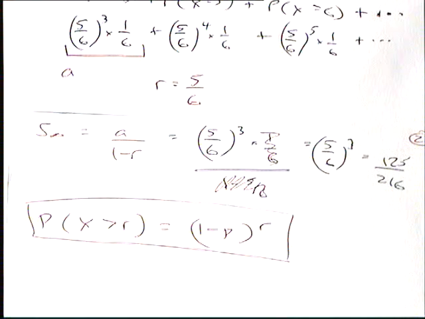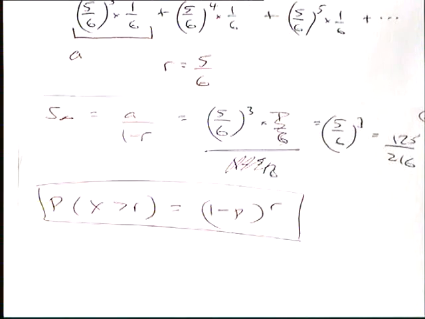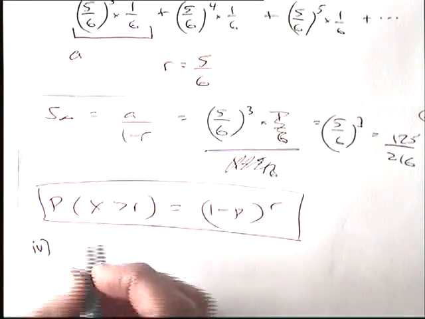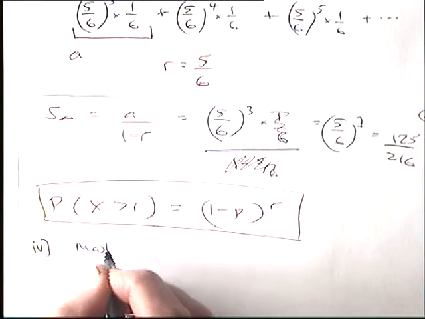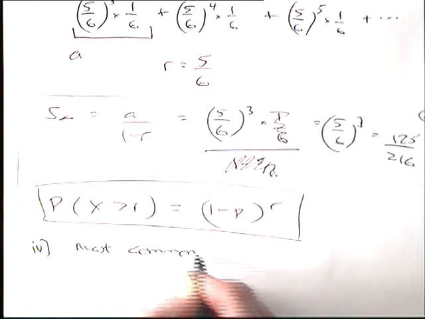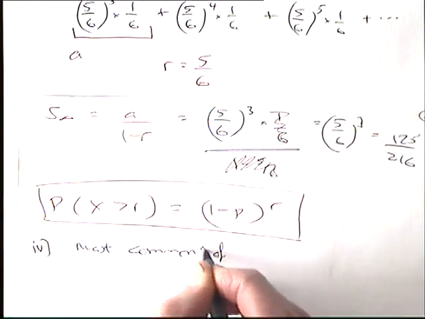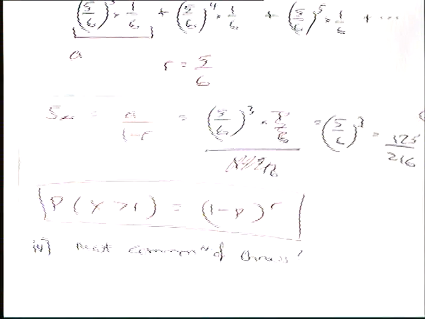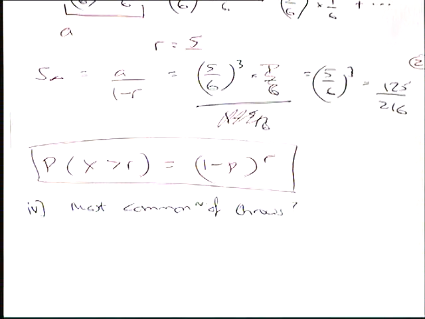So that was part 3. Part 4 of the question said, what is the most common number of throws? So those of you who got the worksheet, what's the most common number of throws somebody will make? Can anybody maybe rephrase that question including the word probability in it? What's the highest probability of throws?